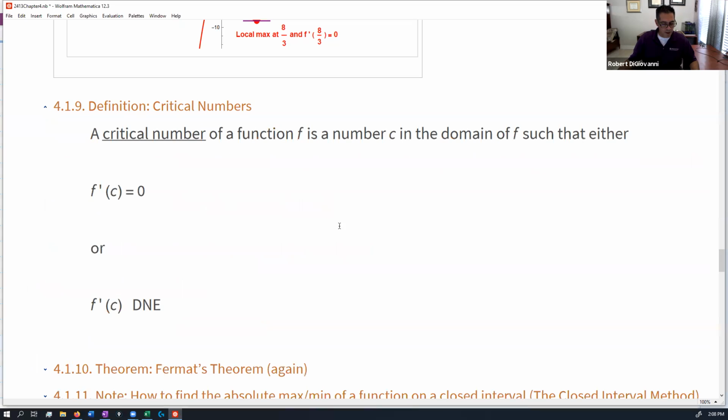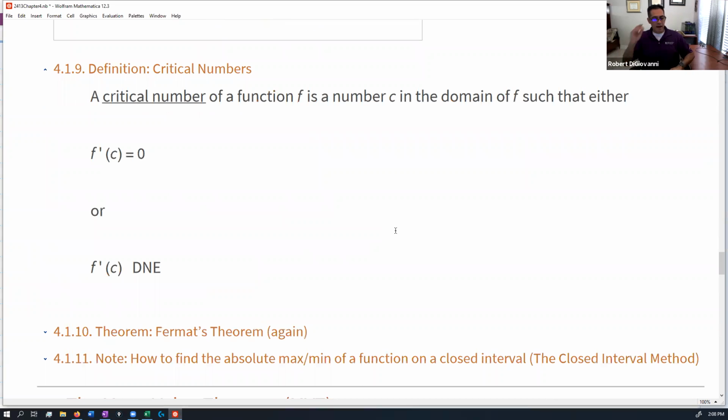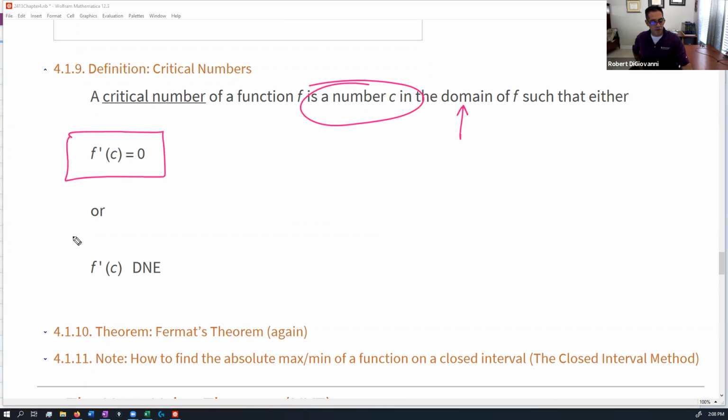Before we get to the final theorem here, we have a definition. The critical numbers of a function. A critical number of a function is any number C in the domain of the function such that one of these two things is true.